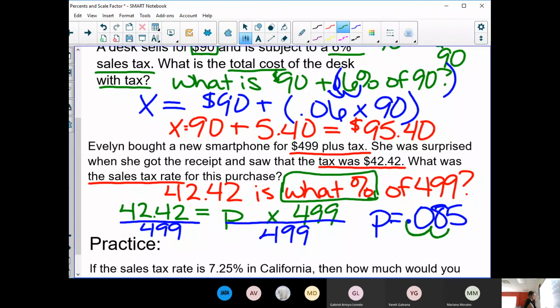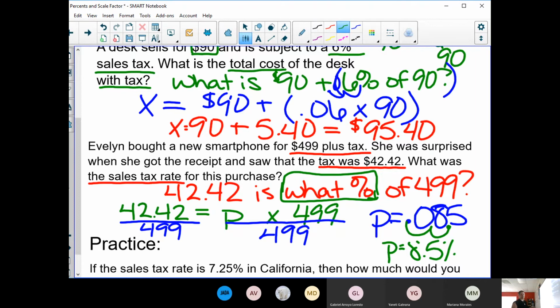Why do we move it 2 places right? No, you're correct. It's 2 places.